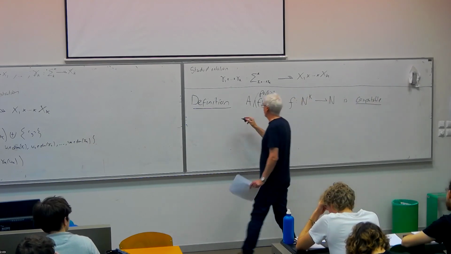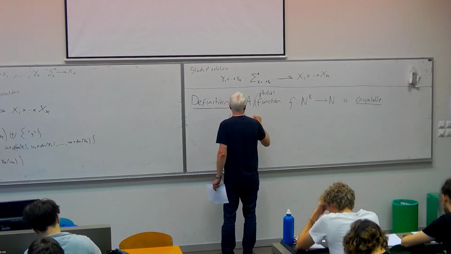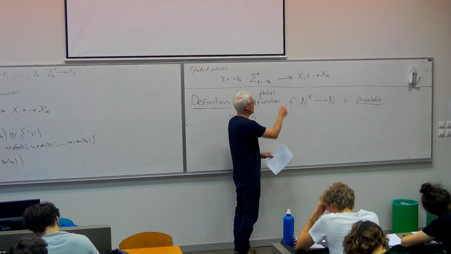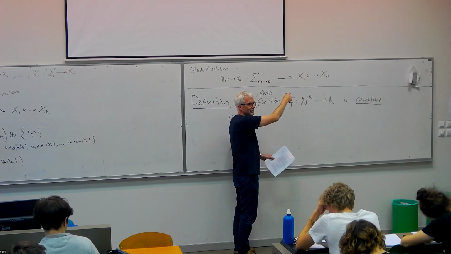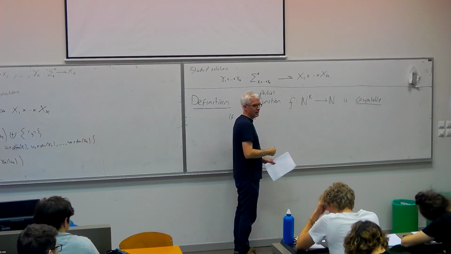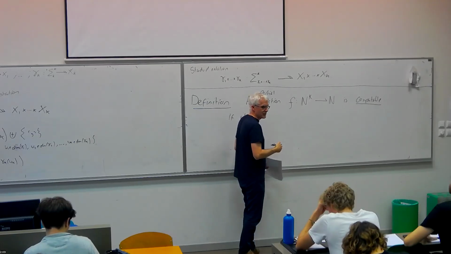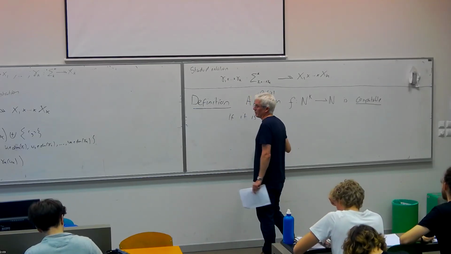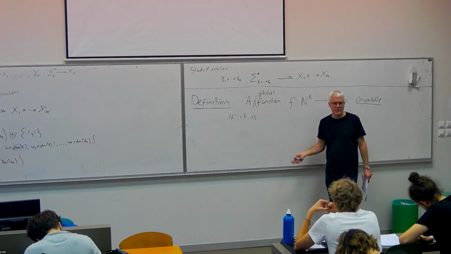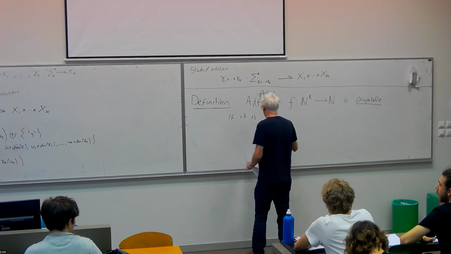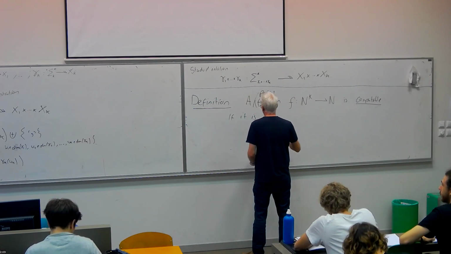by definition, if it is computable as a partial function from the product representation to the representation of the natural numbers, where we take our canonical gamma sub n for the representation of the natural numbers. But because all the representations of the natural numbers are equivalent, it doesn't actually matter which one we take, but we'll just use the canonical one because we prefer it.